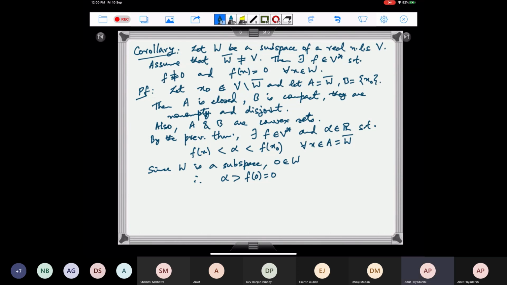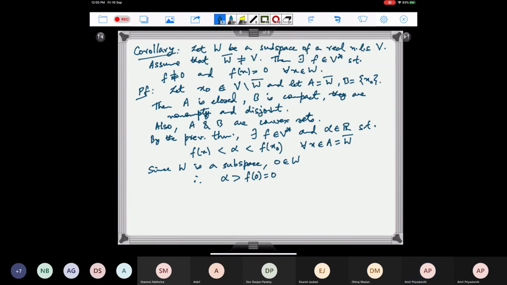So if f is non-zero, then at some point it will be some positive number, and then you can multiply by t to make it arbitrarily large, right? So therefore it cannot happen.